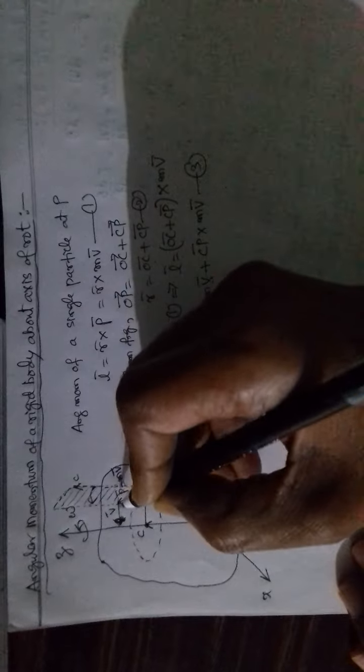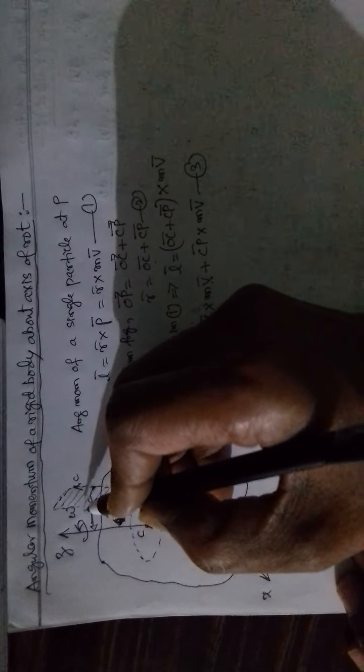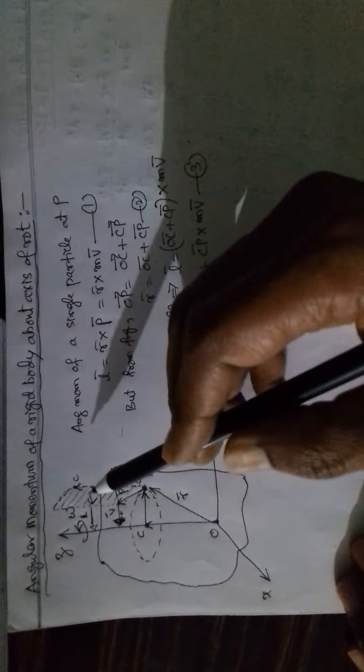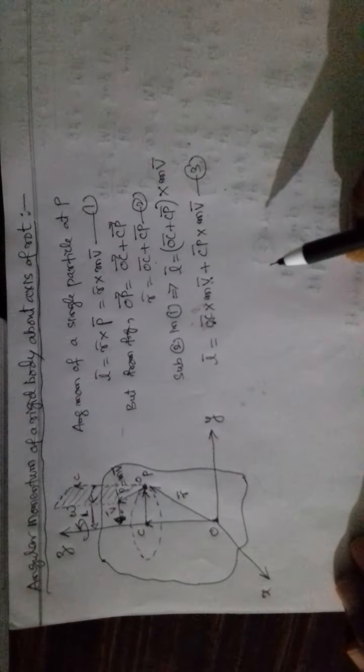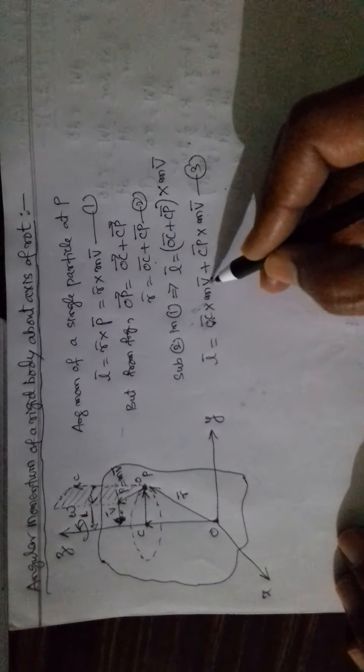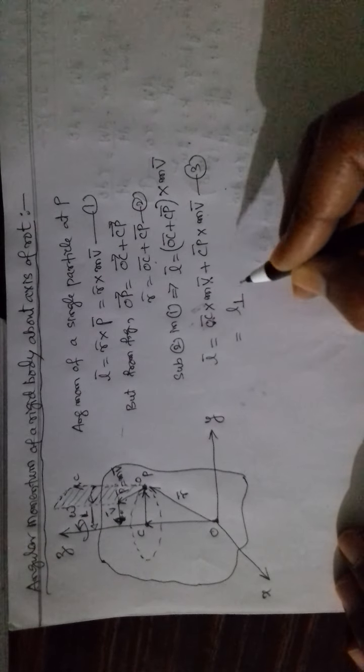So L is in this direction here. As it is moved clockwise, the screw advances to the left-hand side. So the angular momentum is perpendicular to the axis of rotation. Therefore, this first term shows us the perpendicular component.